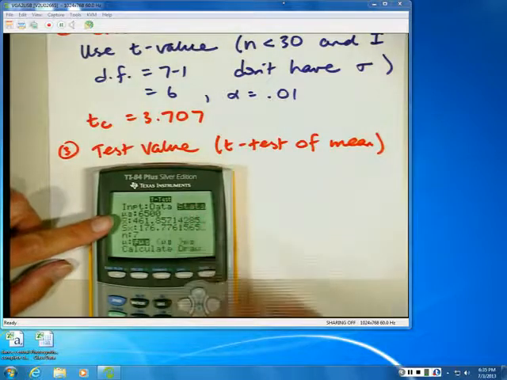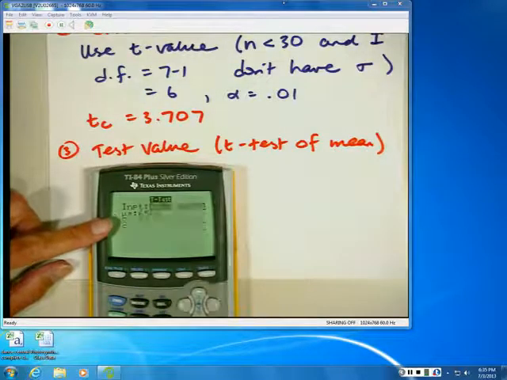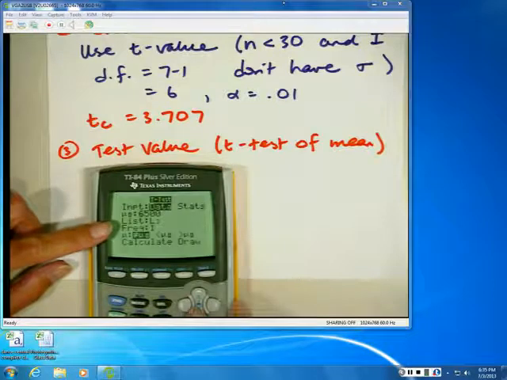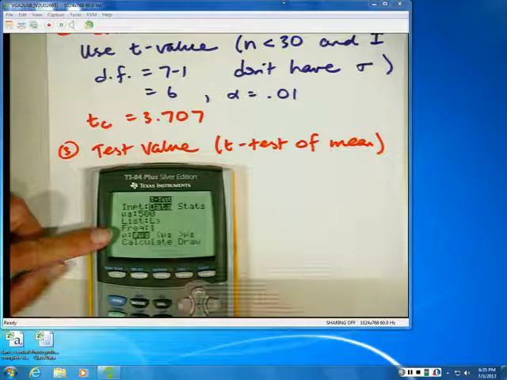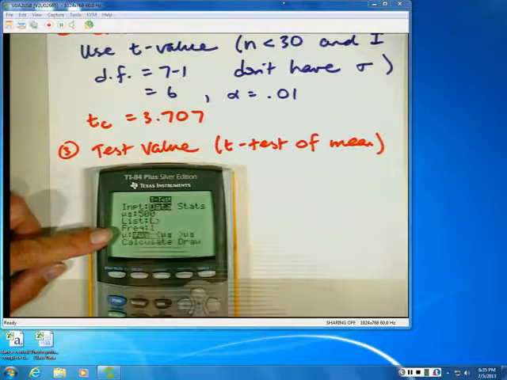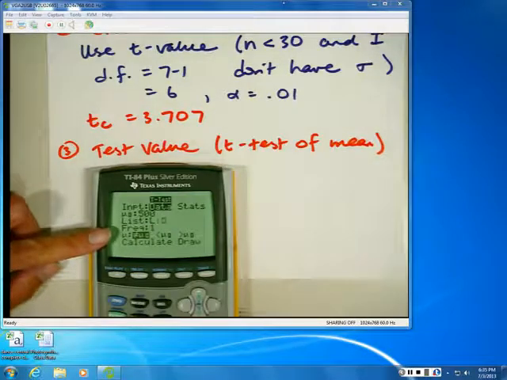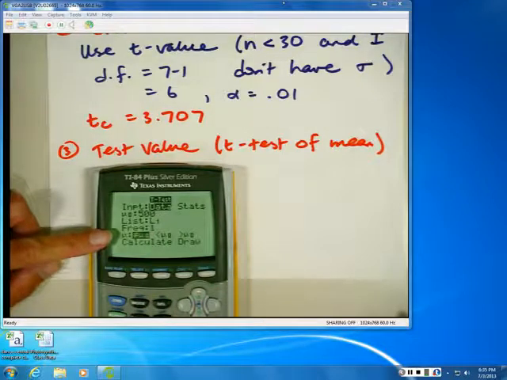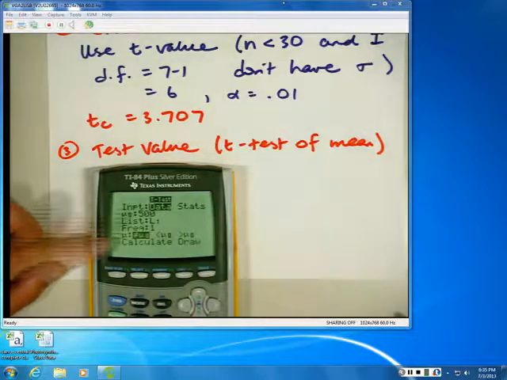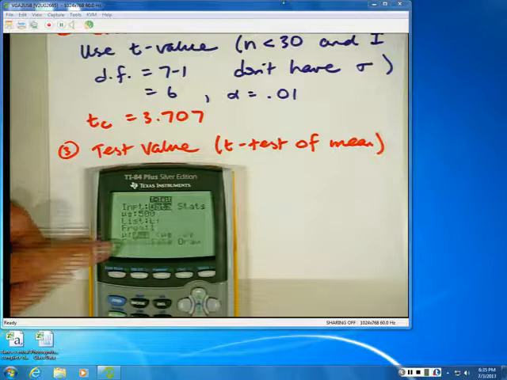I have data. So I'm going to go to data, and it says, what's your hypothesized mean? It's 500. My data is in L1. Frequency is 1. Leave that alone unless you're using a frequency list. We're not. And it is a two-tail test, so I leave that. And then I hit calculate.